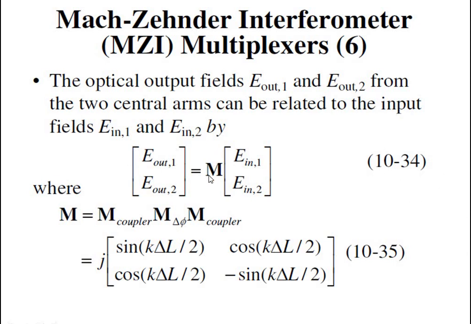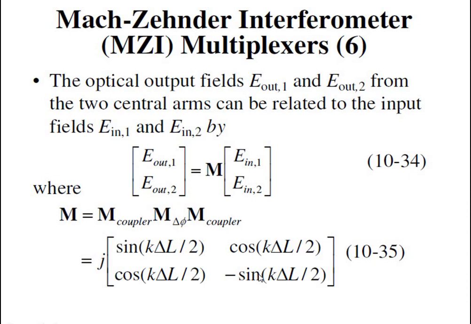Here the value of M is the propagation matrix of the coupler times the propagation matrix of the phase shifter times again the propagation matrix of the coupler. If you remember, we had used 3 stages, right? For the Mach Zehnder interferometer multiplexer there were 3 stages, and this is the propagation matrix of the 3 stages.